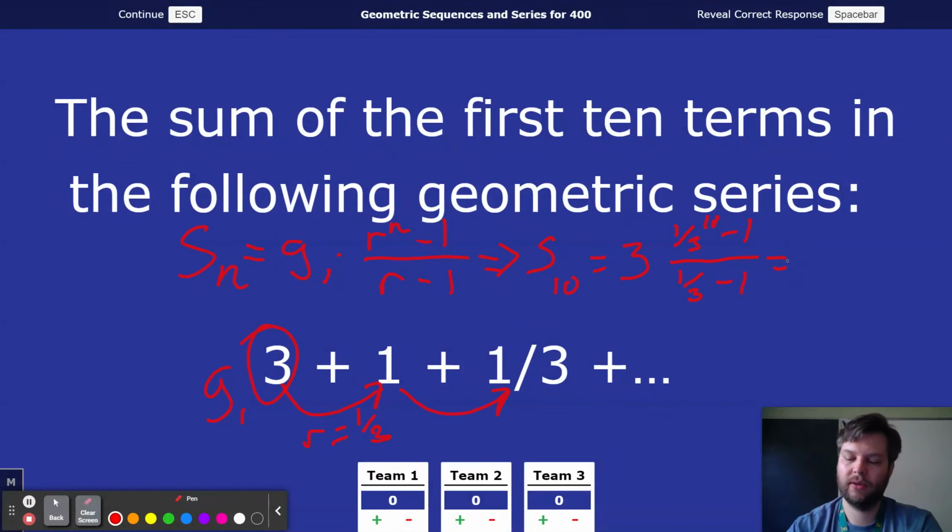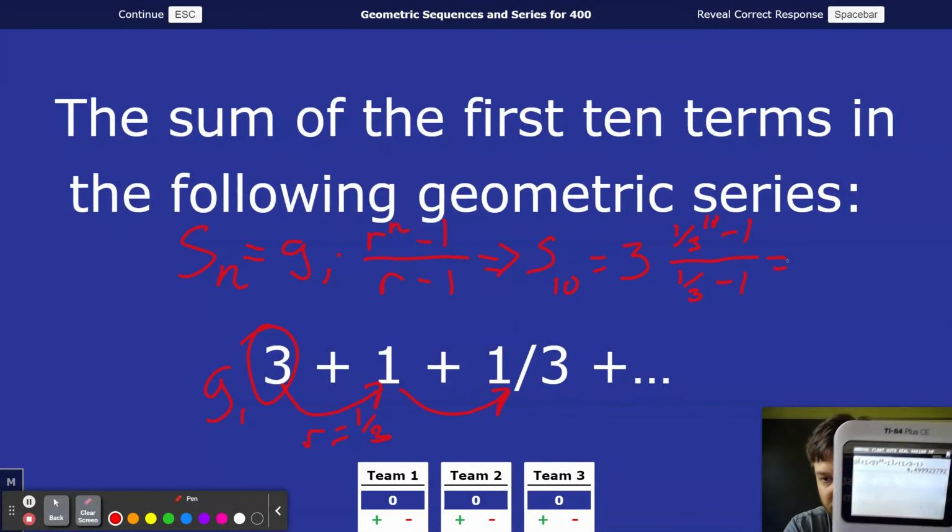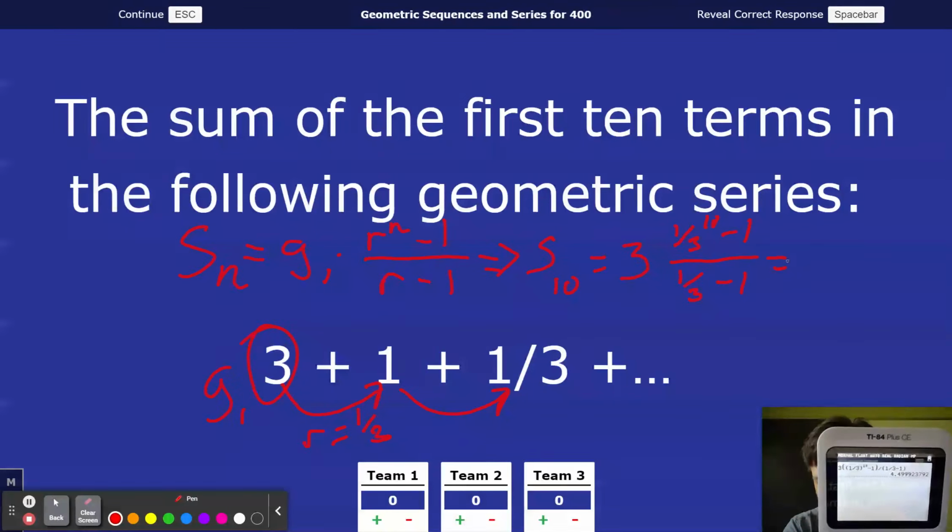I'm going to show it to you on the calculator because you've got to be careful with how you set up your parentheses. So 1/3 to the 10th, minus 1, over. All right, so look at how I set this up in there. Notice that when I did 1/3 to the 10th, I put it in parentheses.